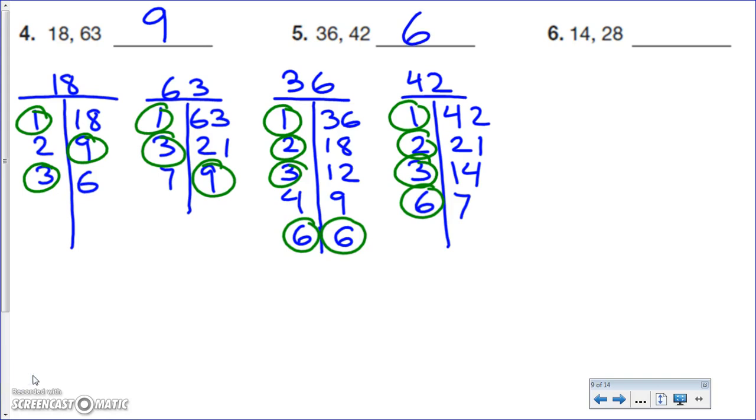Next, for 14 and 28, we're going to write out the list of factors for each number.